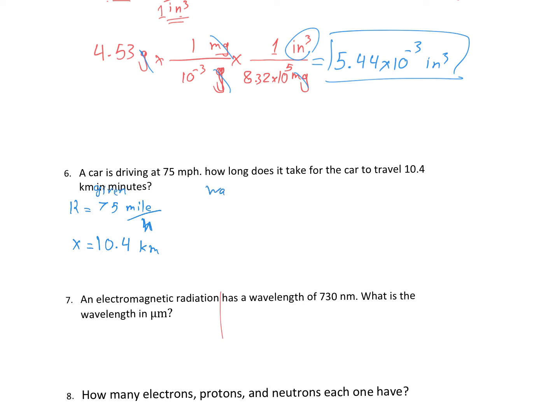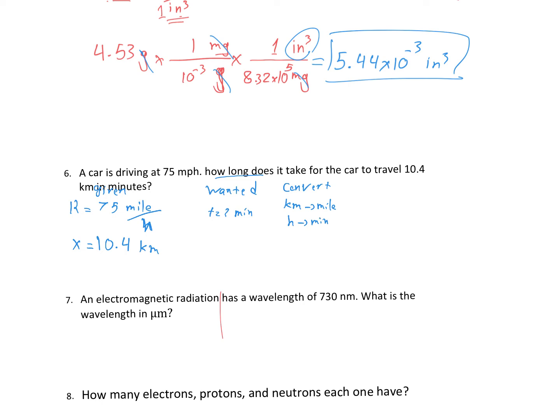So what is wanted? It says how long in minutes. So we want time in minutes. What do we need to convert? Well, we need to convert kilometer to miles, and we also need to convert hour to minutes.